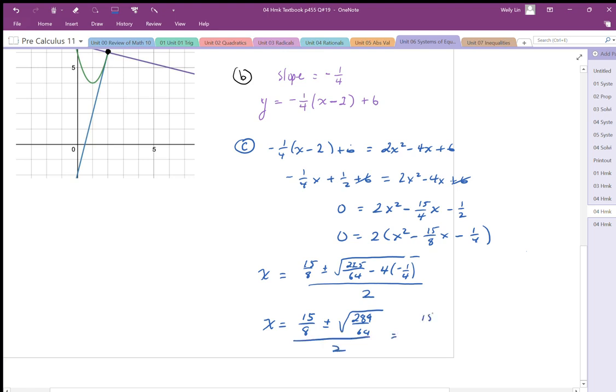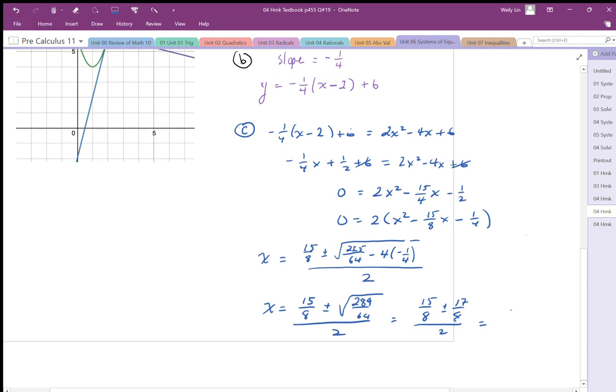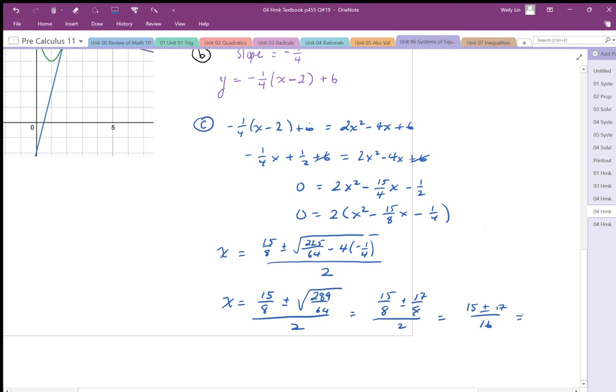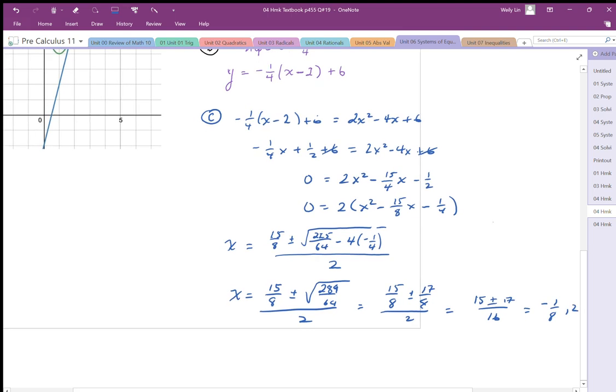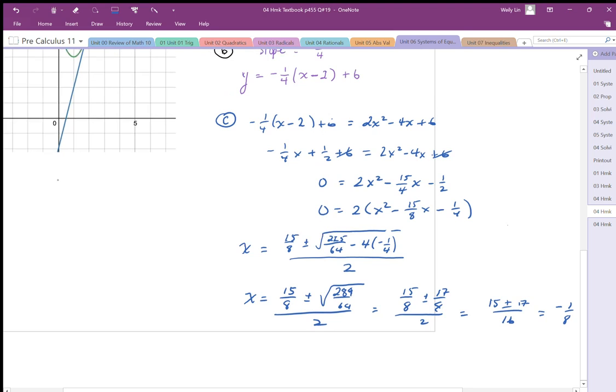This simplifies to 15 over 8 plus minus 17 over 8, all divided by 2, or 15 plus minus 17 all over 16. So we end up with negative 2 over 16, which is negative 1 over 8, and positive 2, which we already had. So the x coordinate is negative 1 over 8. So x equals negative 1 over 8.